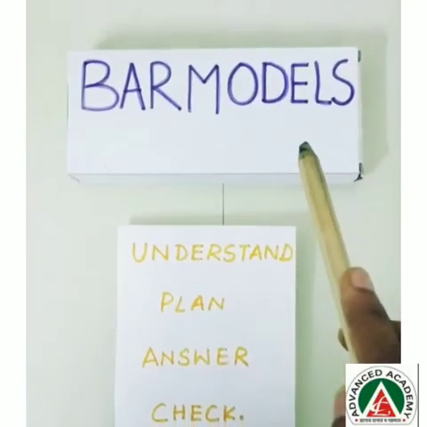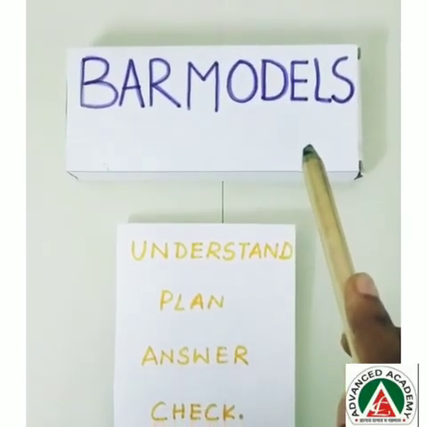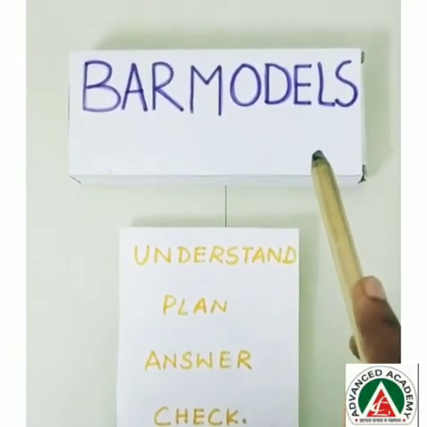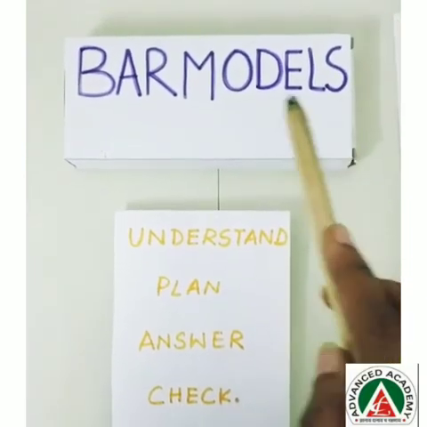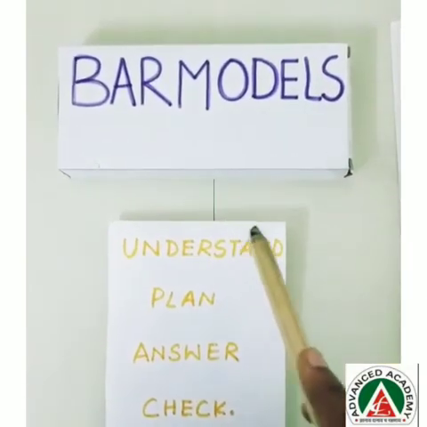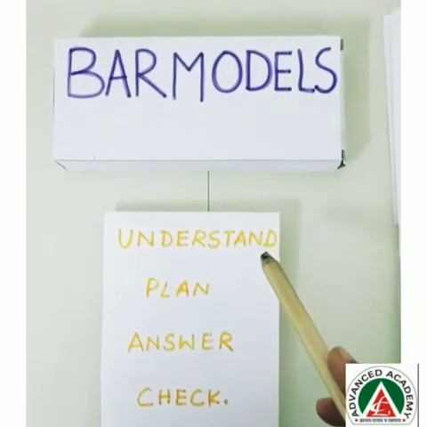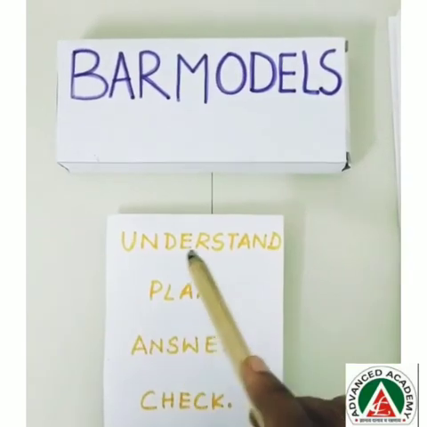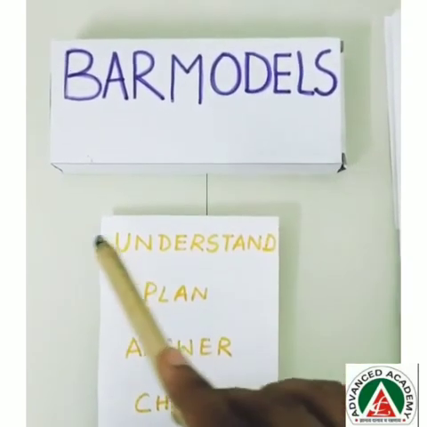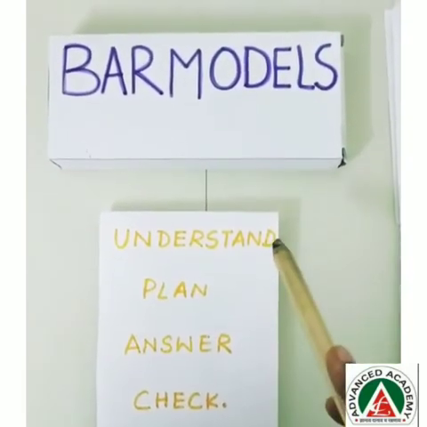Children, now we know what a bar model is. A bar model is a pictorial representation of a number in the form of bars or boxes. And when we get a given problem sum, we have to follow certain steps. And what are they? First, we have to understand the problem. How can we understand the problem?